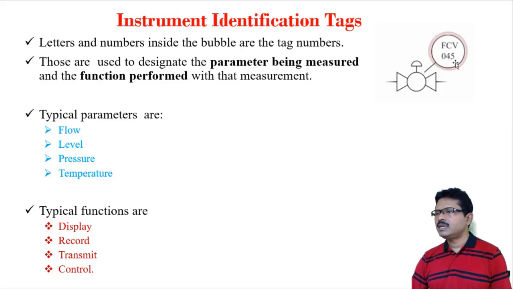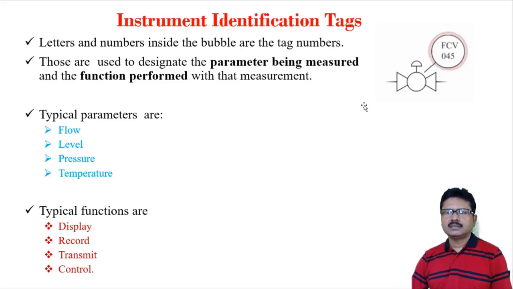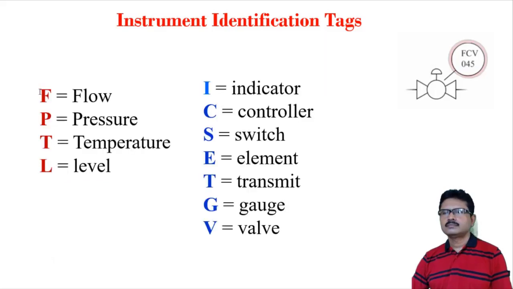So FCV045 is the tag number of this equipment, meaning the tag number of this control valve. These tag numbers are used to designate the parameters being measured and the function performed with that measurement. Typical parameters are flow, level, pressure, temperature, and the typical functions are display, record, transmit and control.